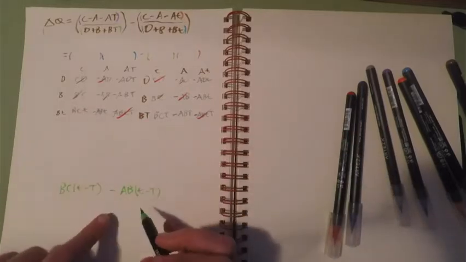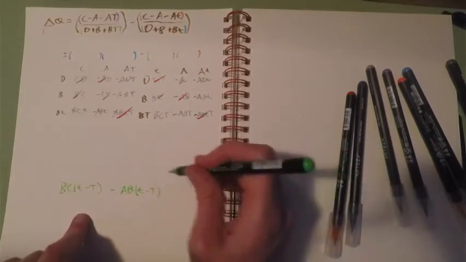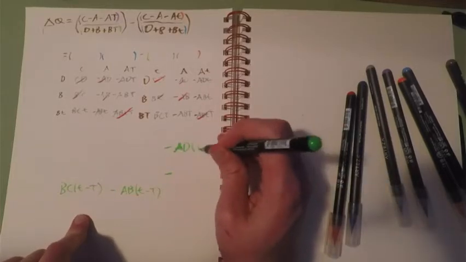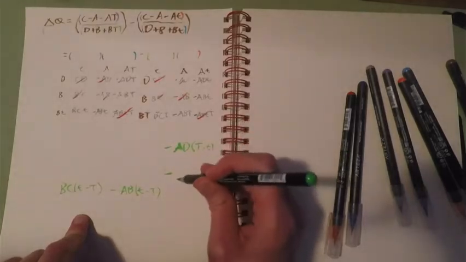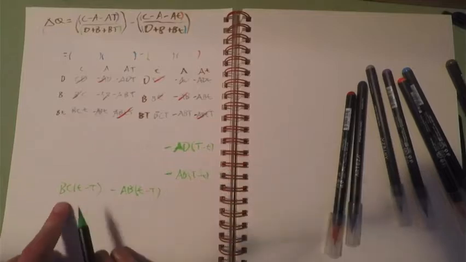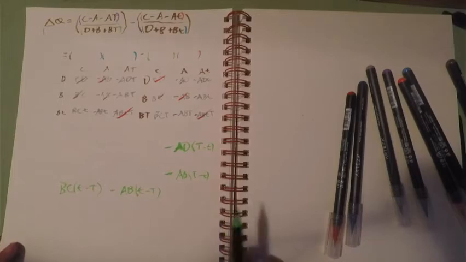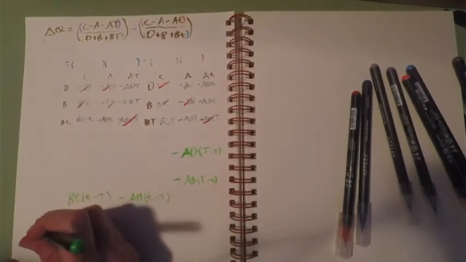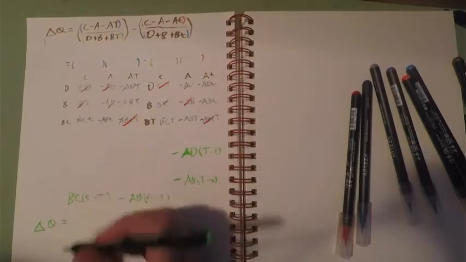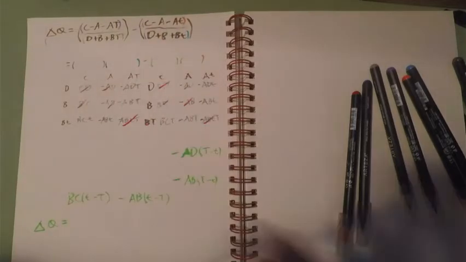So we're going to have minus that, and then minus AD big T minus little t, and a B big T minus little t. So sometimes we take a little t minus a big T, sometimes a big T minus a little t. So what have we got? We've got delta Q for changing from one tax to the other, and I'm dyslexic here, so I don't know what direction I'm going, if I'm going from this to this, but that's not the point.